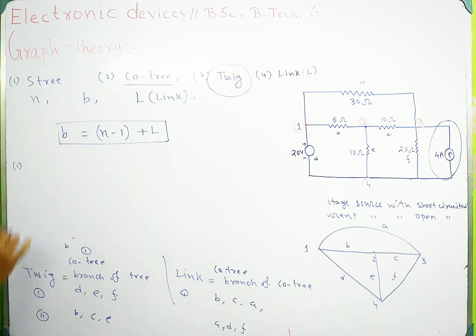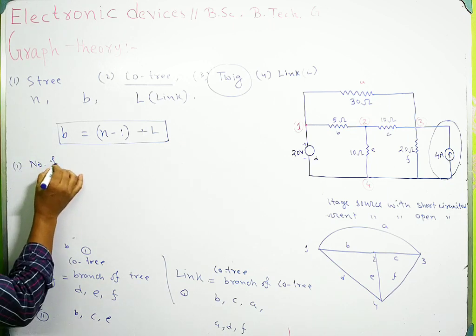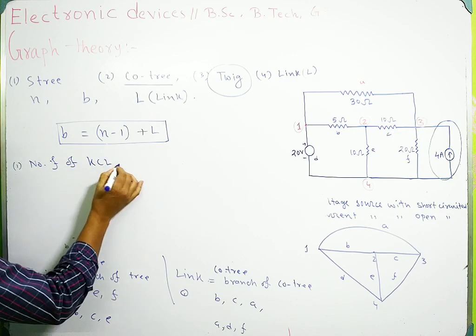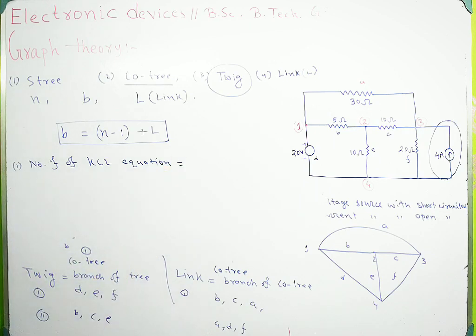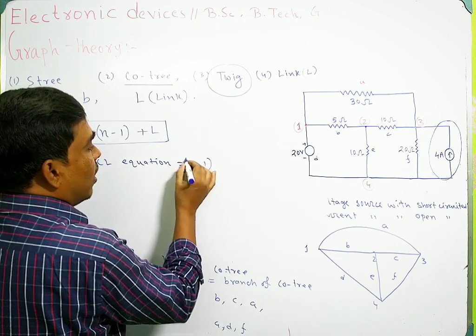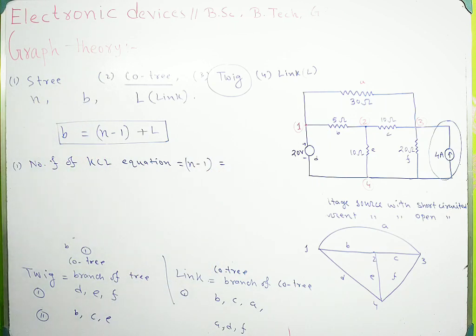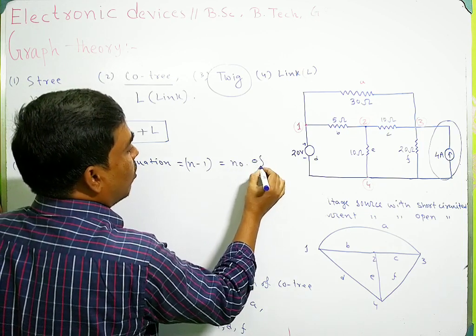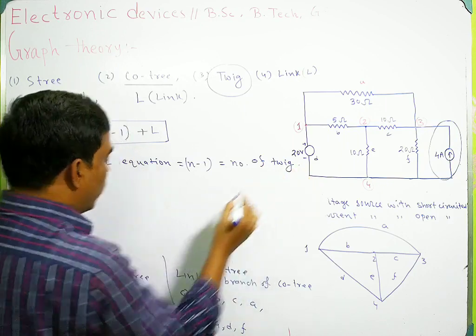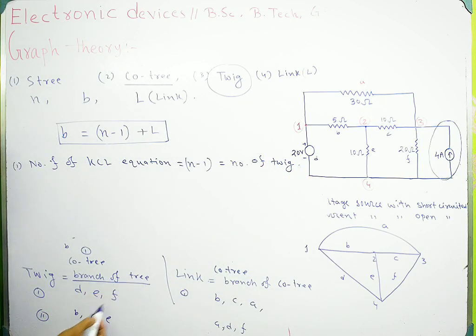Now, what will be the number of KCL equations? The number of KCL equations must be equal to n minus 1, that means the number of twigs. The branch of a tree is called a twig.